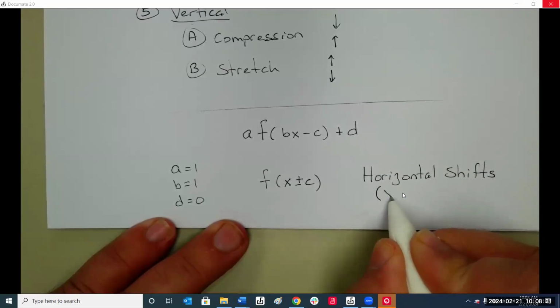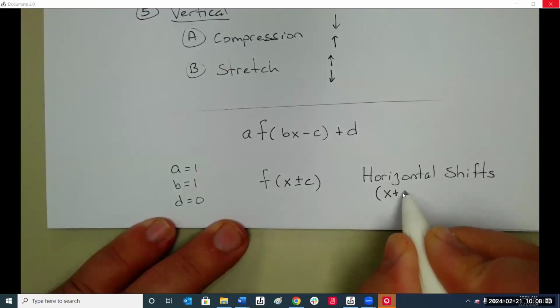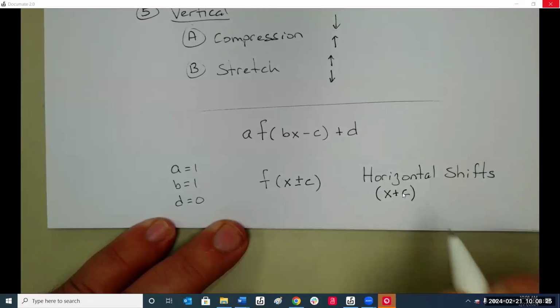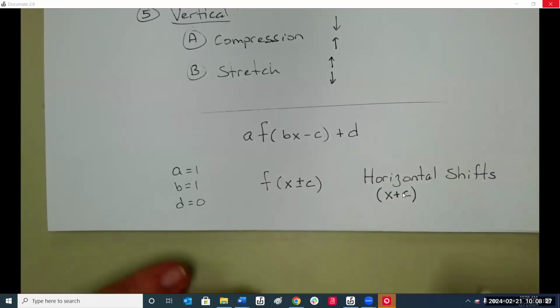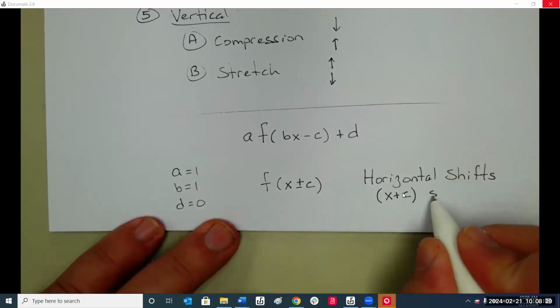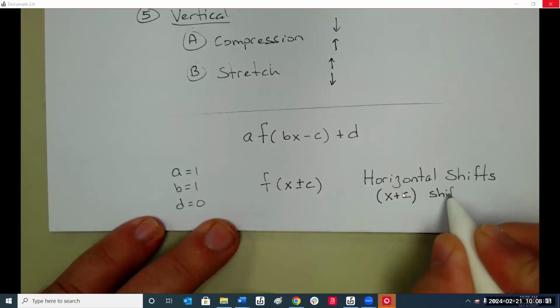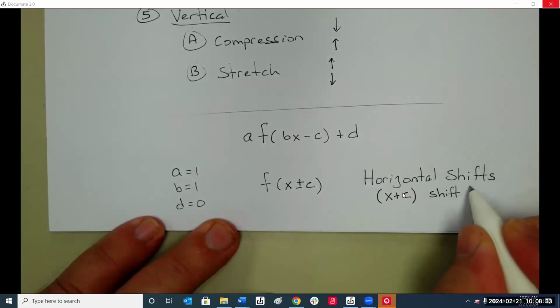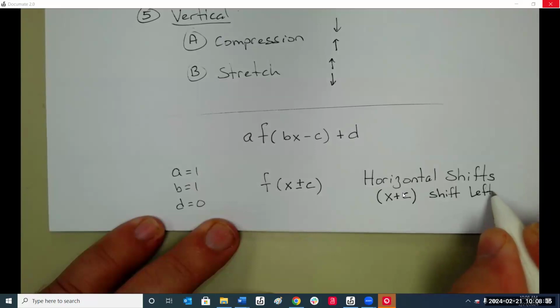If we have X plus some number C, we shift left C units.